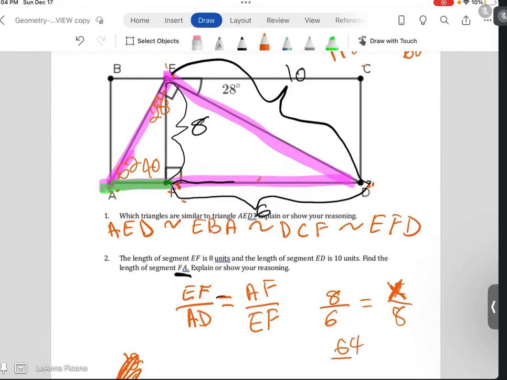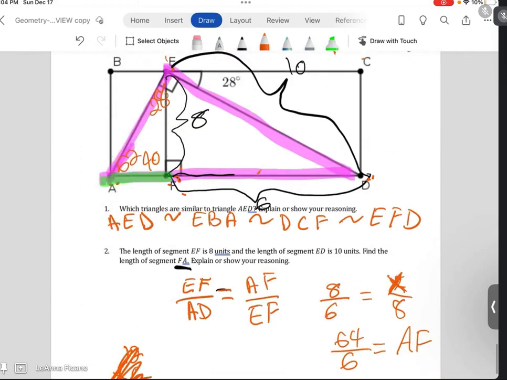Yeah, actually I'm going to leave it as 64 over 6 is AF. I'm actually just remembering that that is the solution, that I did do it right. I just went a step further and did the division, but I would just leave it as 64 over 6.